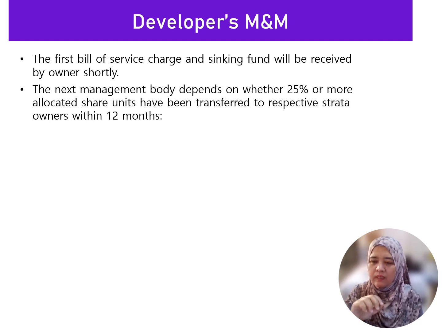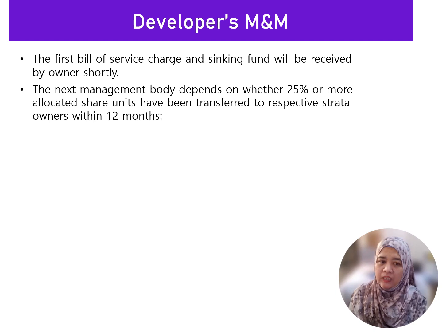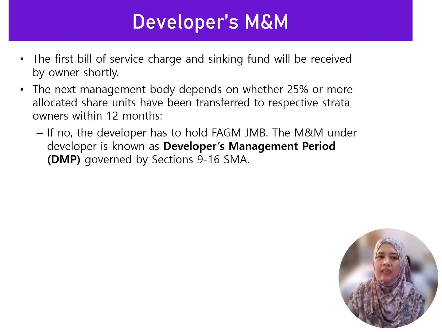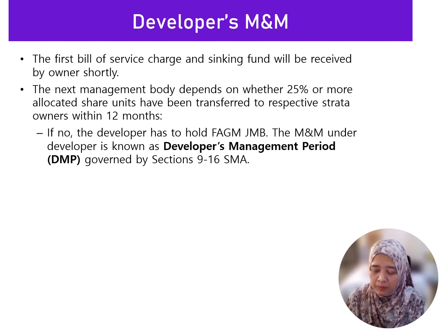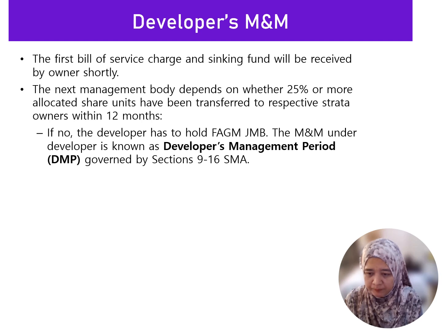25% tu, the next management body will be JMB. So if tak dapat 25%, the developer has to hold the first AGM for the JMB. Because the next management body is the JMB. So to create or to form the JMB, the first AGM of the JMB has to be held first. Ini syarat dia. Okay.